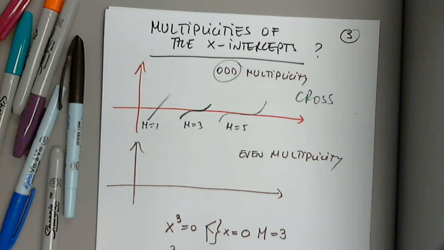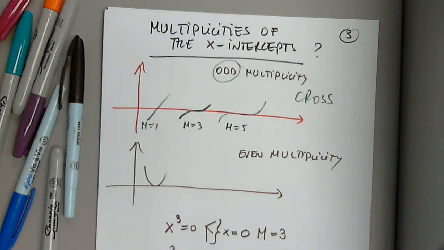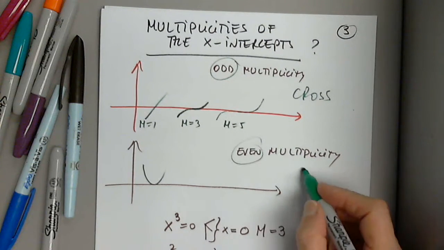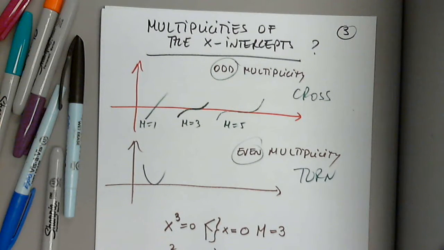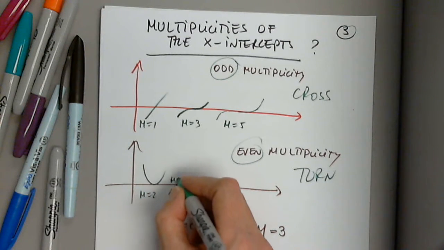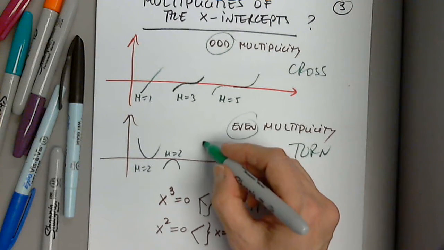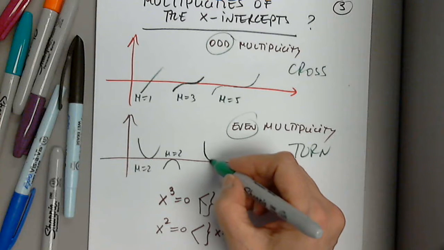X squared, right? So for an even multiplicity, that is a term. Always a term for an even multiplicity. It turns there. It has a max or a min. It can do this or it can do this. So this is multiplicity 2, multiplicity 2. How will multiplicity 4 look like? Here it is, an example of multiplicity 4.